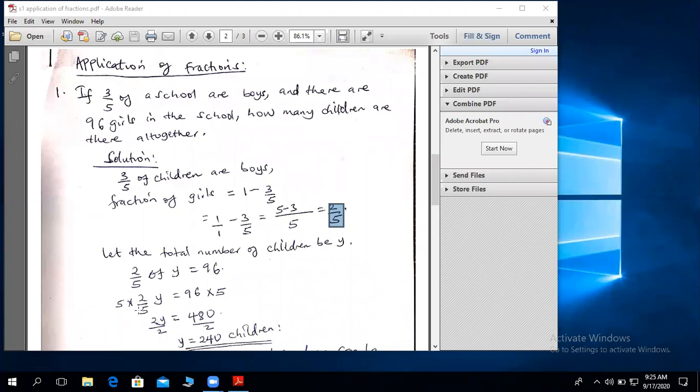So this 5 will cancel, and I remain with 2y. With your calculator there, 96 times 5, confirm if it is 480. I think it should be the answer. So if it is 480, I will have to divide by 2 both sides to get the value of y, and the value of y ends up being 240.